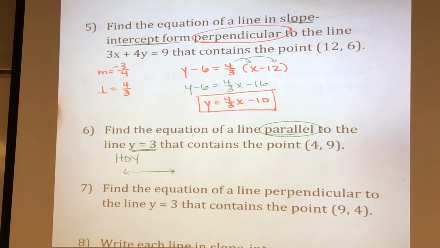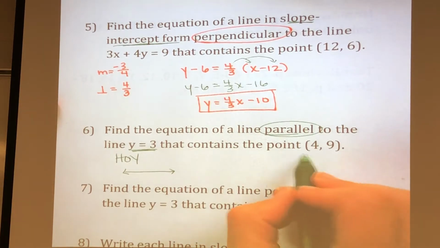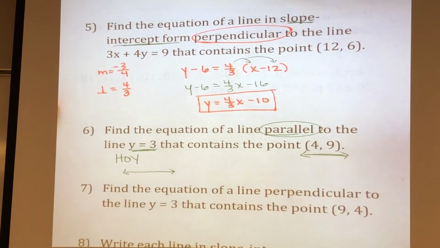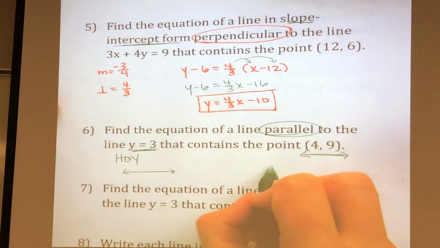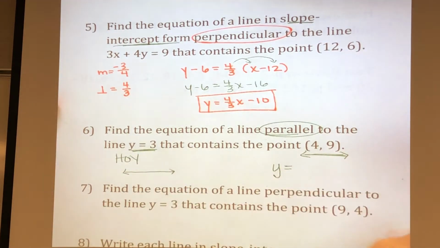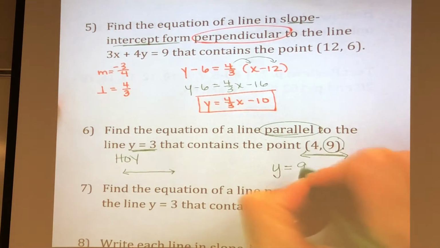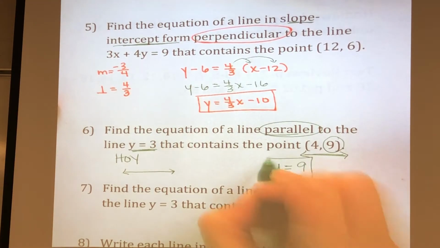So if we want it to be parallel, we need another horizontal line. So we need a horizontal line that goes through 4, 9. So since horizontal lines are made by y equals equations, all we do is pick the y value from the point, and our equation is y equals 9.